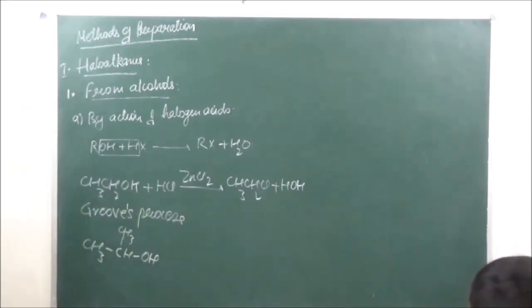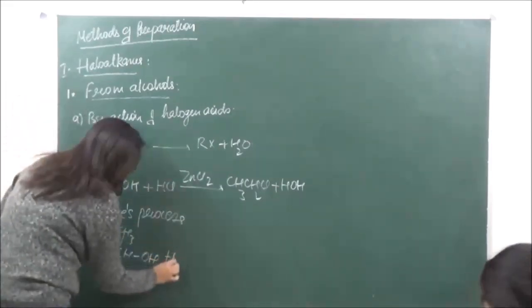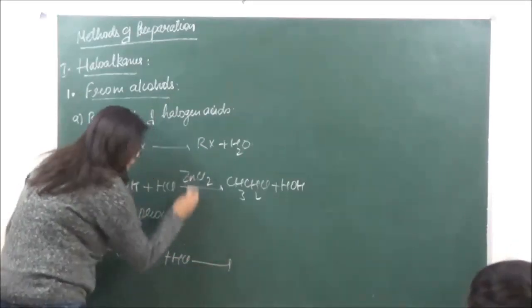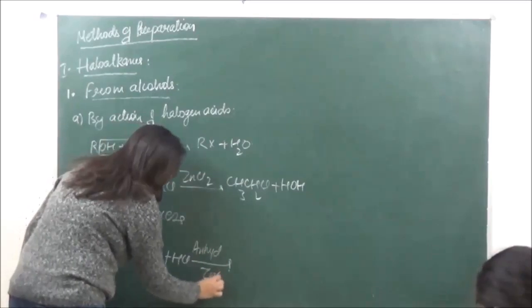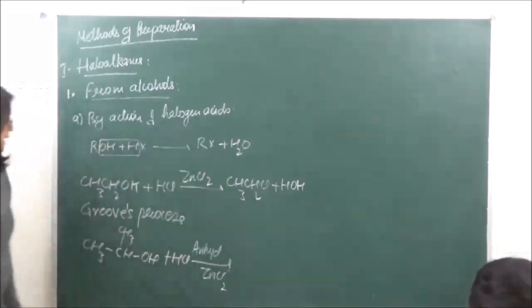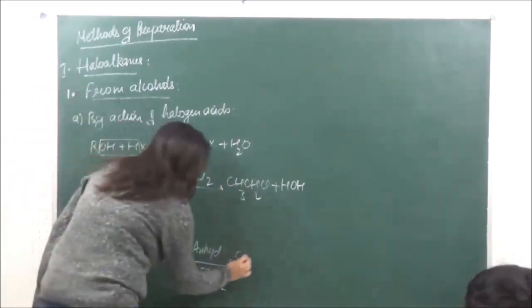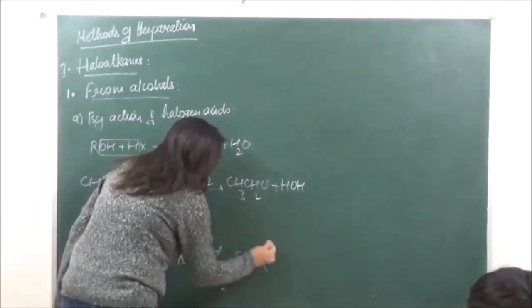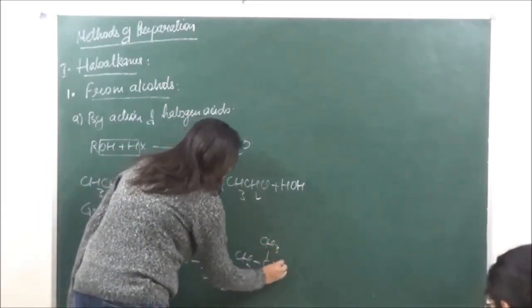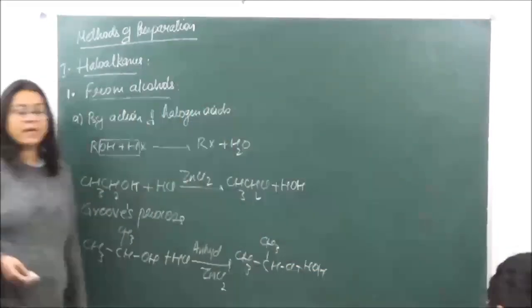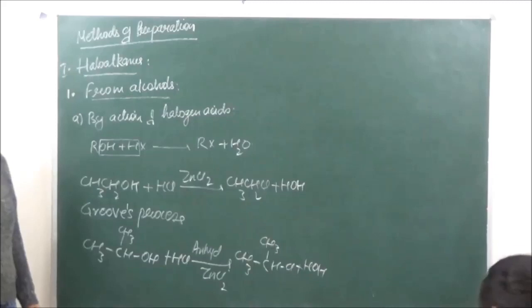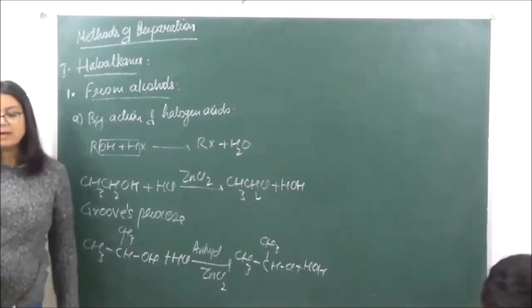Okay, now if we are taking a secondary alcohol, that is going to be this. Again we take HCl over here with anhydrous ZnCl2, and this is going to give us CH3CHClCH3. So we are getting a secondary haloalkane over here. What is the purpose of the zinc chloride which we are taking?